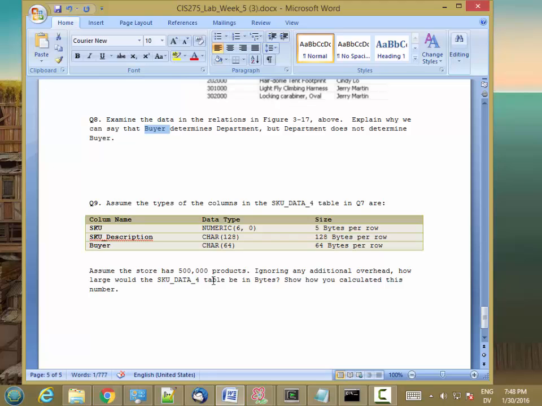In real life, there's some overhead associated with your table as well. You can have indexes and you can have metadata. So the number that you end up with is actually going to be a little low in terms of what will actually be used, but don't worry about that. Just figure out the storage requirements for the table data part. So good luck on Lab 5, and let me know if you have any questions.